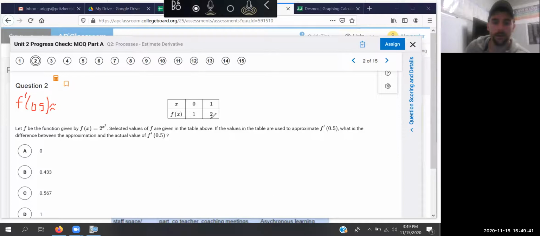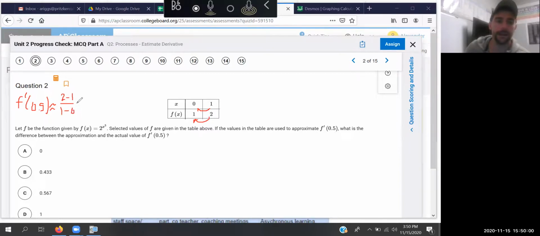So I'm really saying my y2, 2 minus 1, and then subtract 1 minus 0. That's going to be an approximation, not the exact slope, but an approximation of the slope right at 0.5. So I'm going to have 2 minus 1, all divided by 1 minus 0.